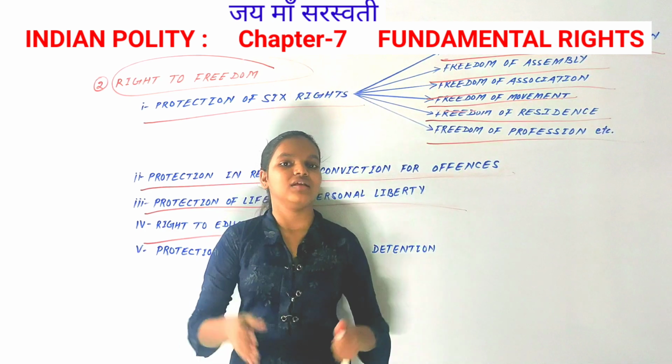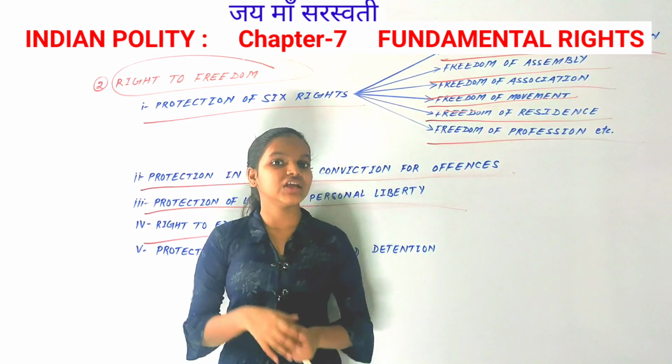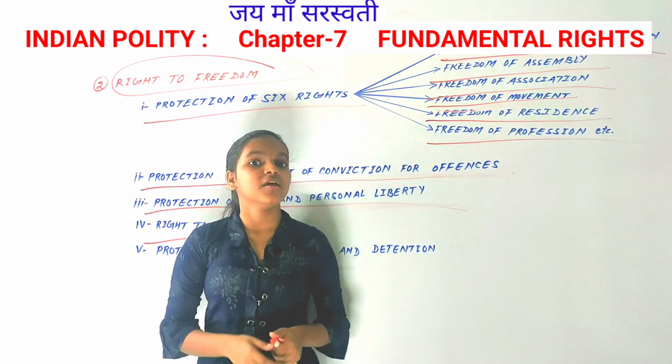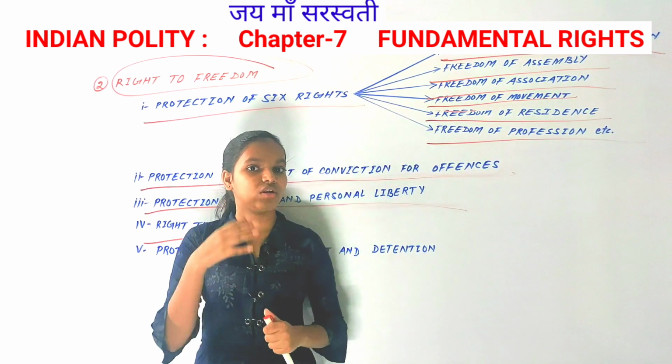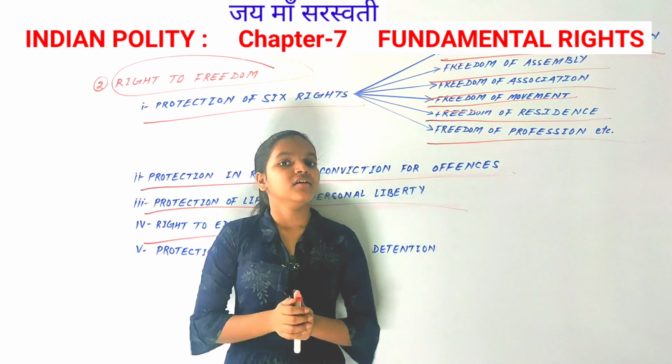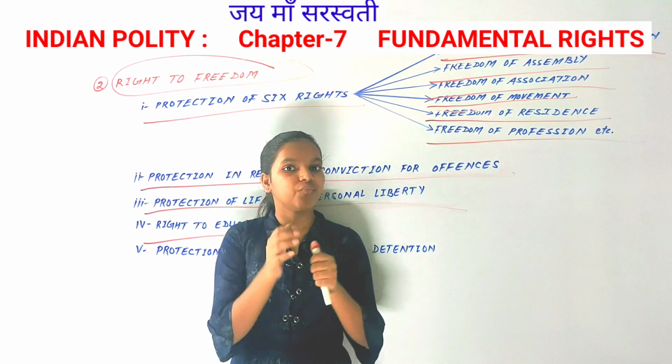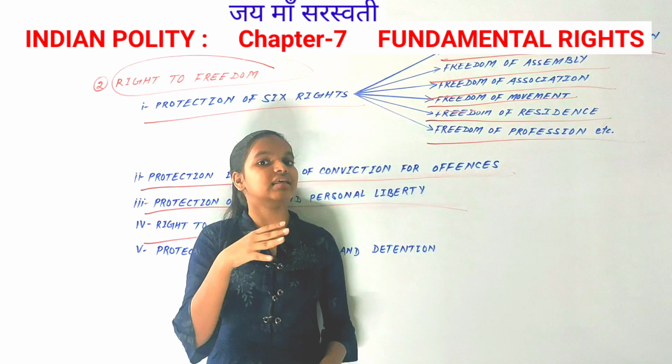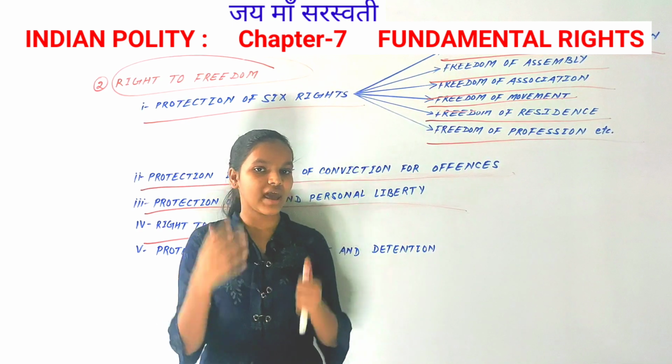He can go to school. The right to education under Article 21A provides for elementary education, not for higher education. This provision was added by the 86th Constitutional Amendment Act.